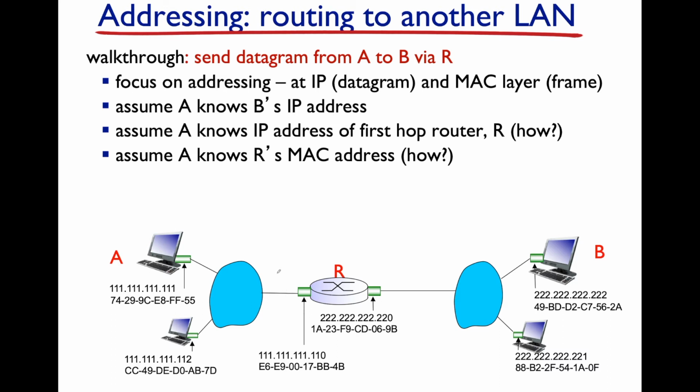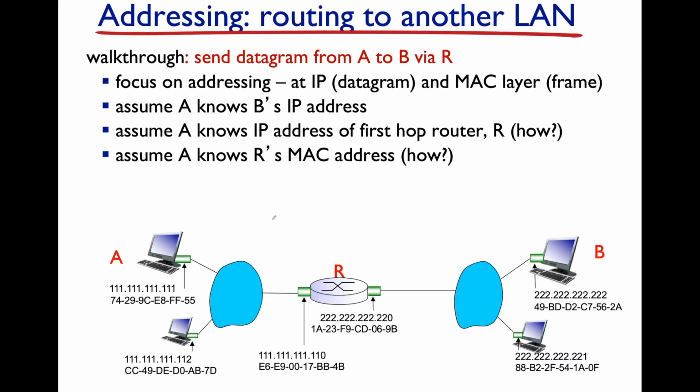Now, of course, let's say A wants to send a datagram to B, and B is on this network on the right-hand side, the 222 network, we'll call it. So what does A do? Well, A knows the destination IP address for B because it can do a DNS lookup.